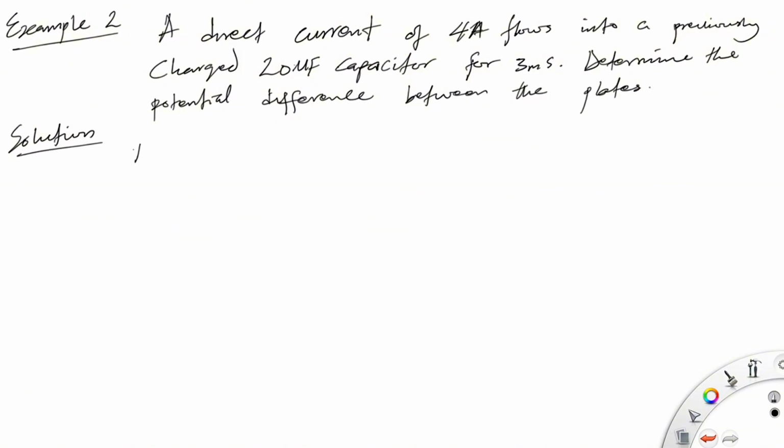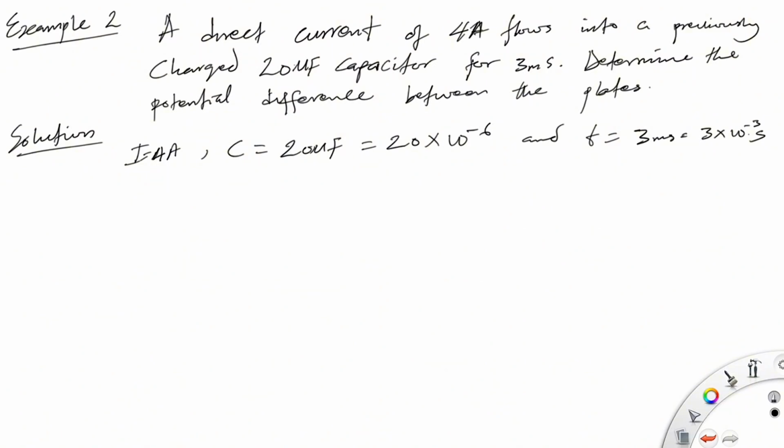Our current I was equal to 4 amps, and the value of the capacitor was 20 microfarads, which is 20 times 10 raised to the power of minus 6, and time t was 3 milliseconds, which is equal to 3 times 10 raised to the power of minus 3 seconds.